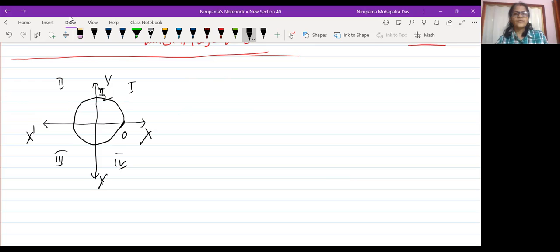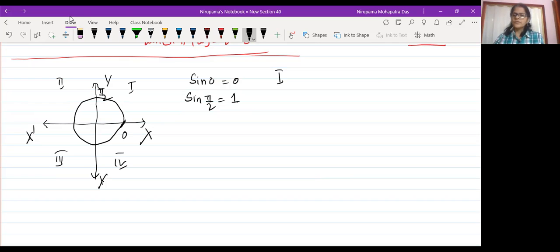We know sine 0 equals 0, and we also know sine pi by 2 is 1. Similarly for cosine, tangent, everything we know at 0 and also pi by 2.